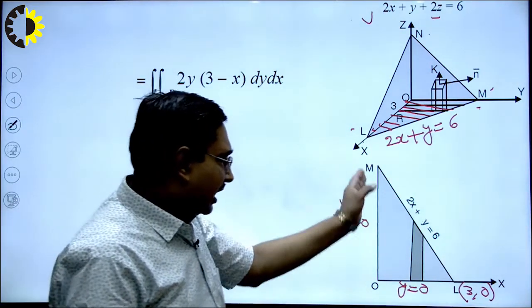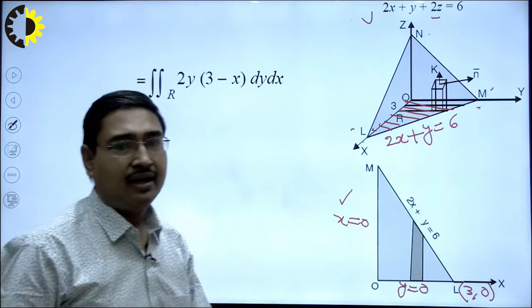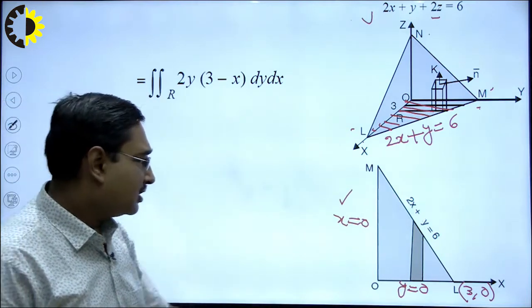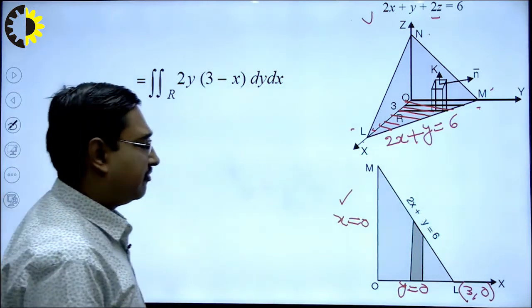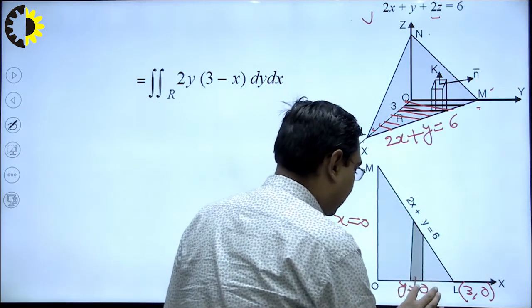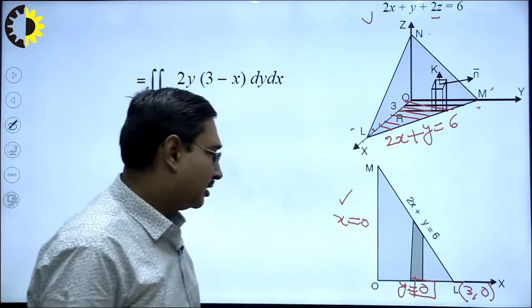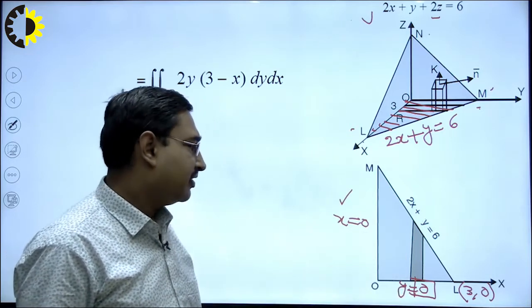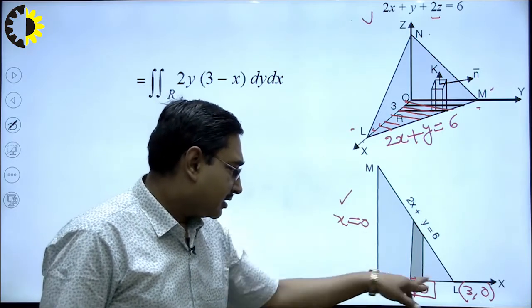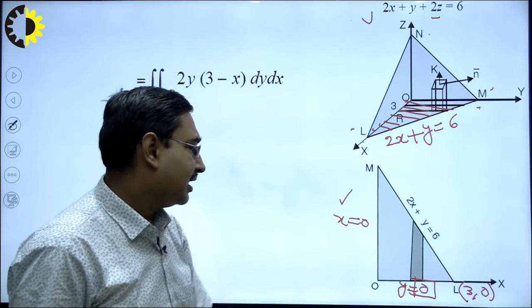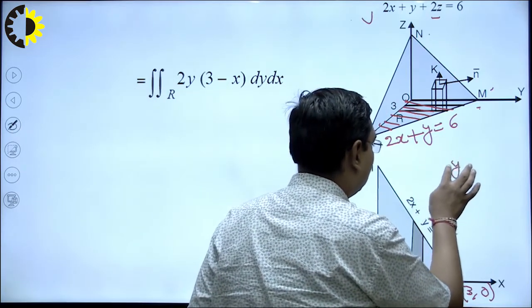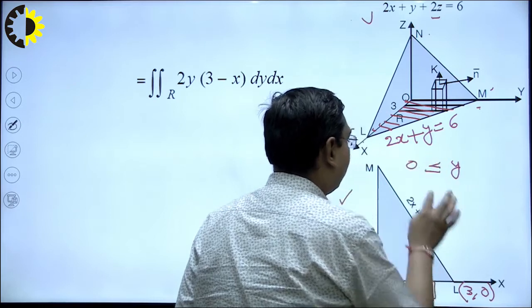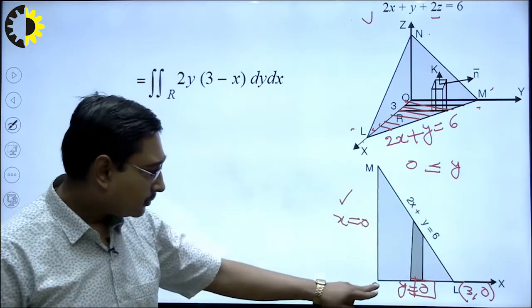For this, I am slicing this triangle into vertical strips, because we are using vertical strips. So, limits of y will be written inside. The lowest point of this strip is lying on this x axis, and the value of y from this x axis is 0. So, the lower limit of y will be 0.